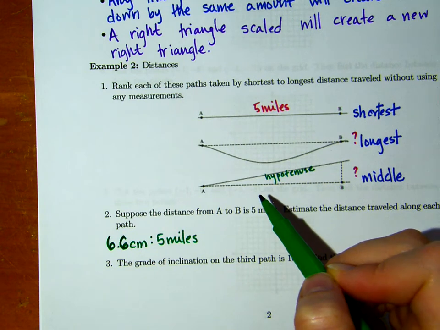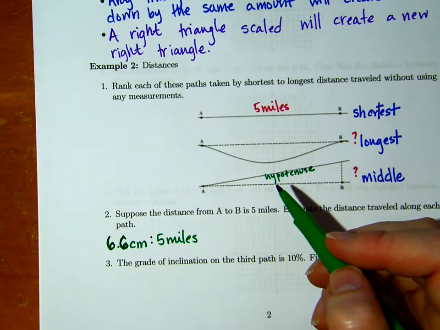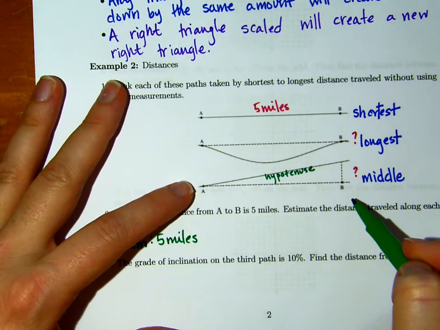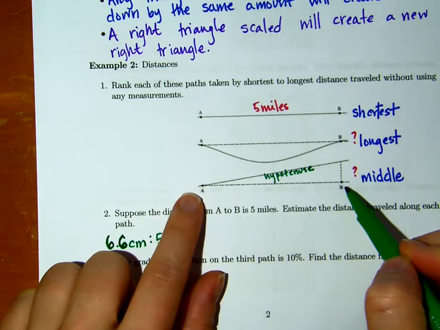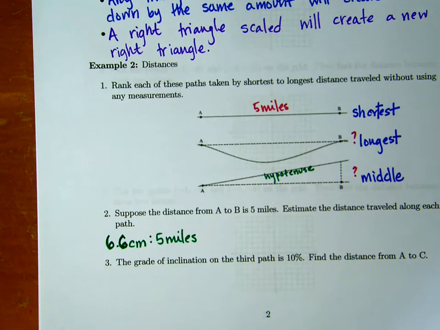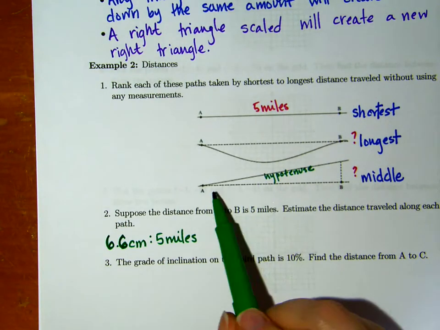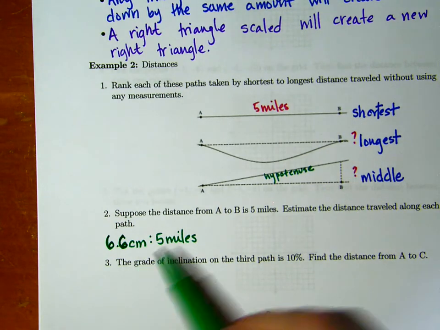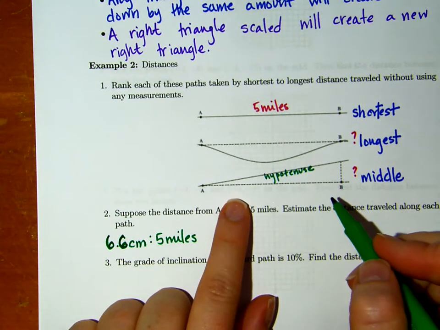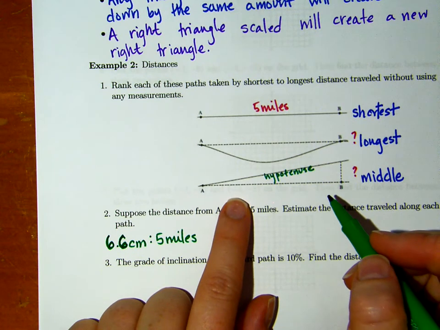I think all we would need to do for the third one is scale it. Let's see, this would be 5 miles. How much would that be? Well, here's our scale. And we have a little bit of work to do, I feel like.